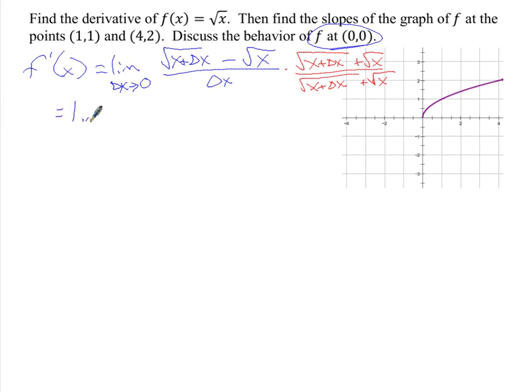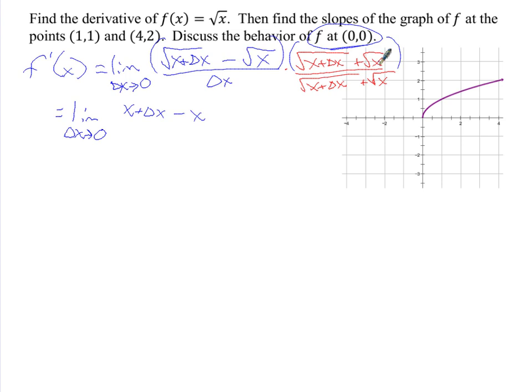Equals the limit as delta x approaches 0 of, you do have to rewrite that every time. We're foiling here. This is that times that. The first terms are the exact same thing, so that's that thing squared. The square root of something being squared is whatever that something is, so it's just x plus delta x. When you're multiplying conjugates, the O and the I terms drop out. So this guy and this guy disappear, and now minus x.